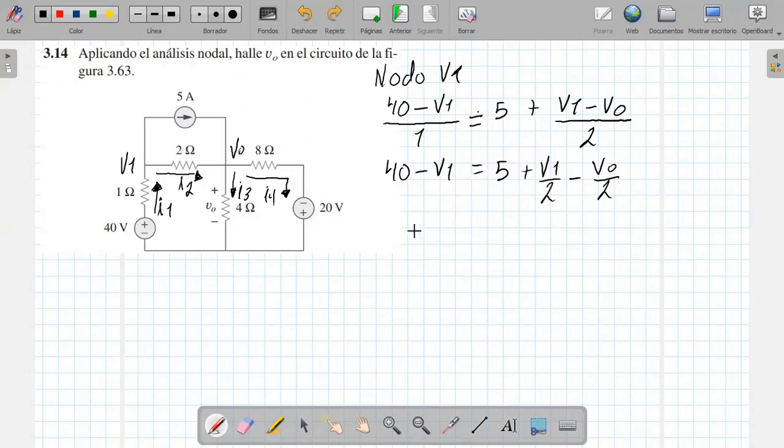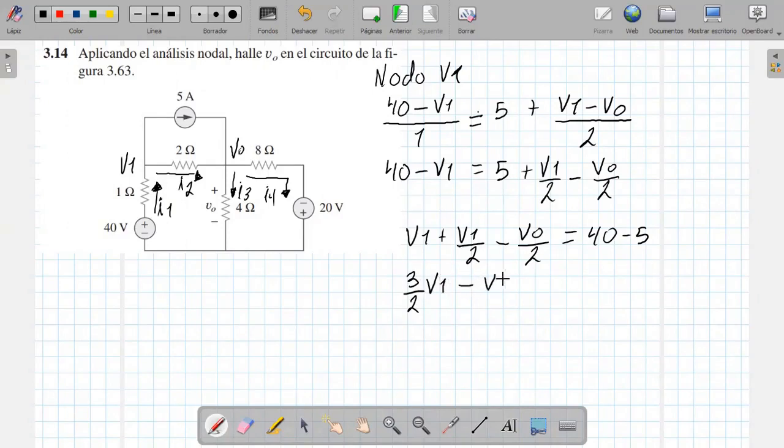Doing that operation I get V1 plus V1 over 2 minus V sub 0 over 2 equal to 40 minus 5. So V1 plus 1/2 of V1 is 3/2 V1 minus V sub 0 over 2 equal to 35.